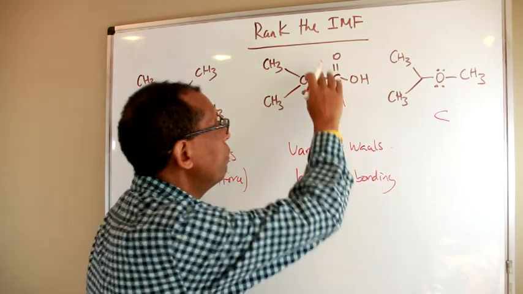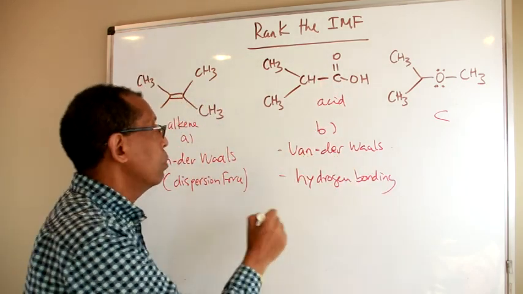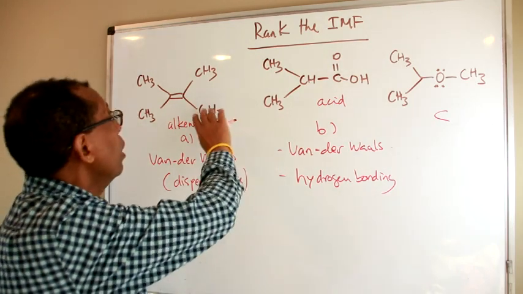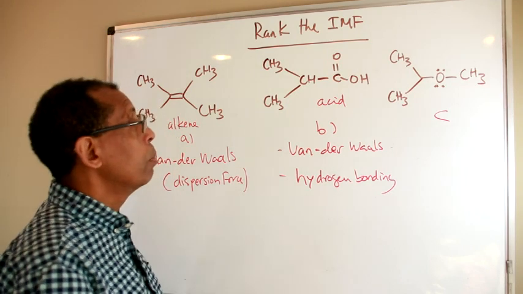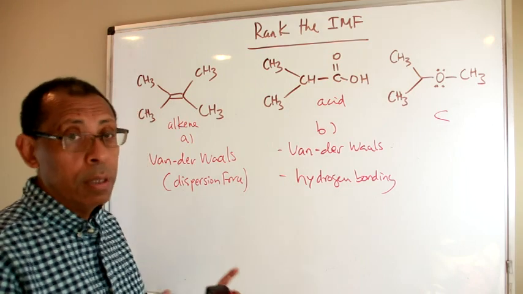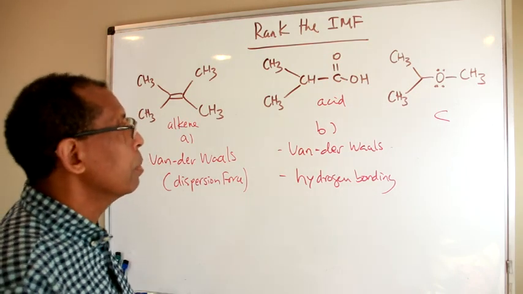So it benefits from two forces that are playing into the intermolecular forces. Remember, these structures are closely related in the number of carbons they have. They are not exactly the same, but they are similar in order to compare them.